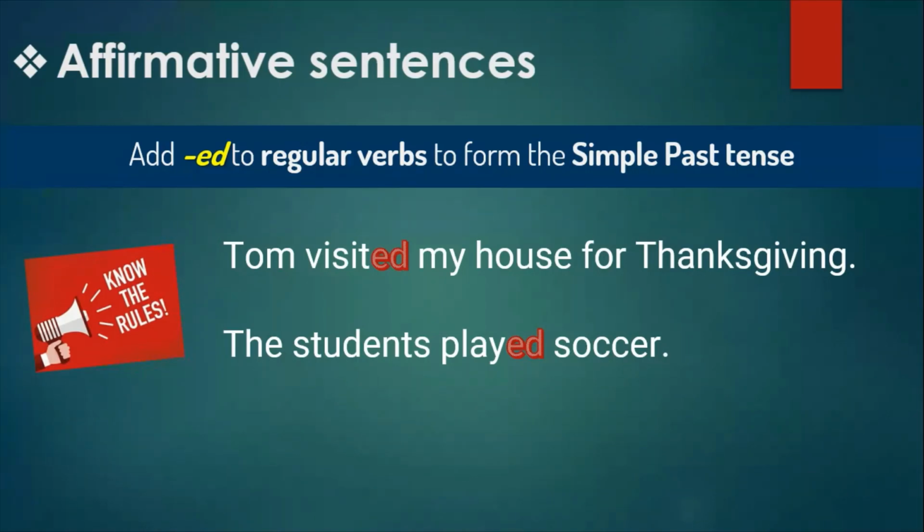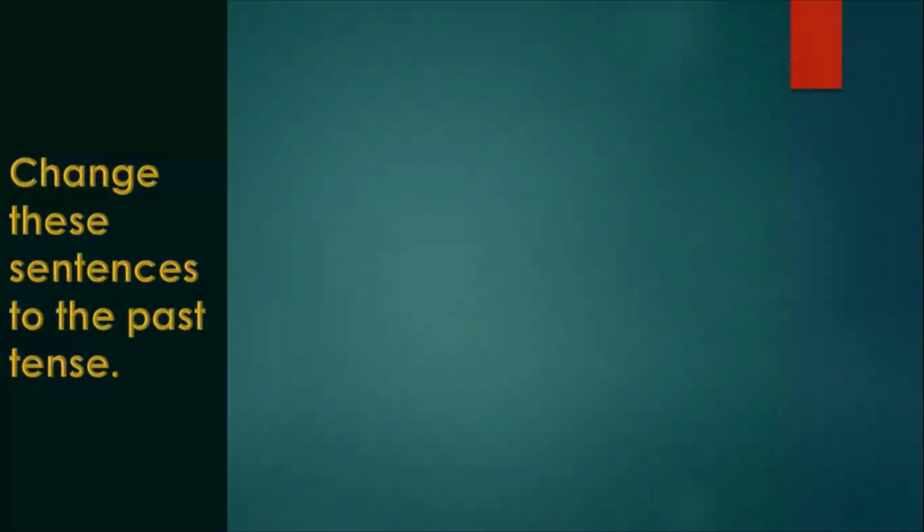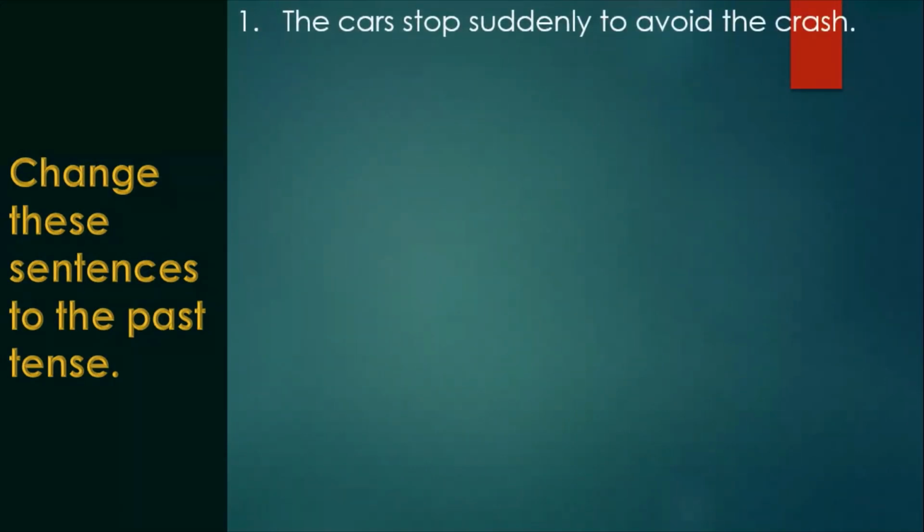Now, what's new today? An affirmative sentence is one kind of sentence, correct? Yes, that's right. So let's look at how to change the sentences to the past tense. We have: the cars stop suddenly to avoid the crash.